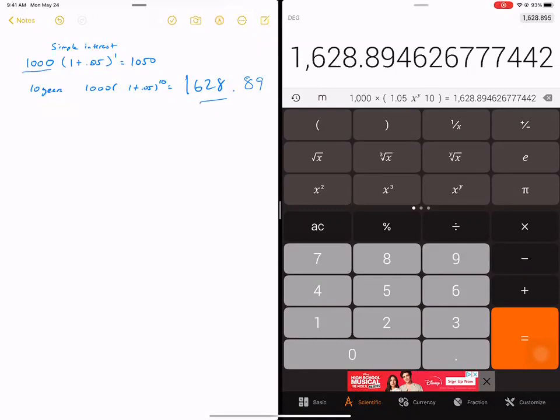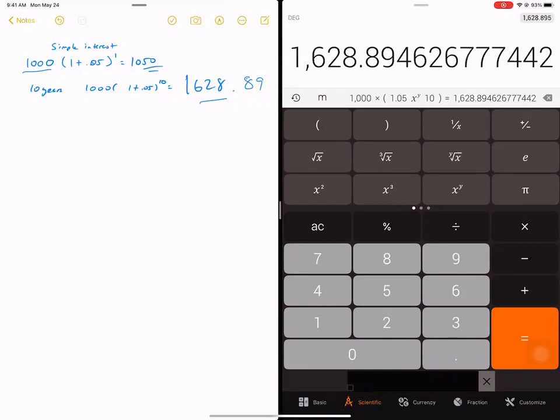After my first year, I had extra $50. After the second year, I had extra $50 plus the interest on the $50. And then the next year, I had another $50 plus the interest on the $100. So every time I made money, that interest compounded, right? That's what they call it, compound, because it's building on the previous iteration.